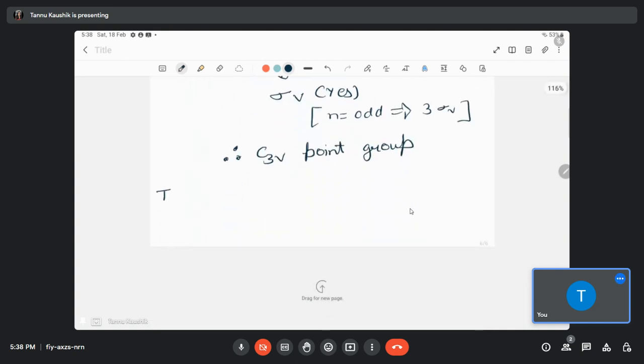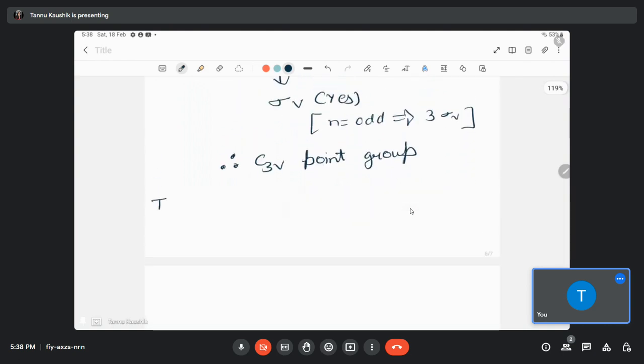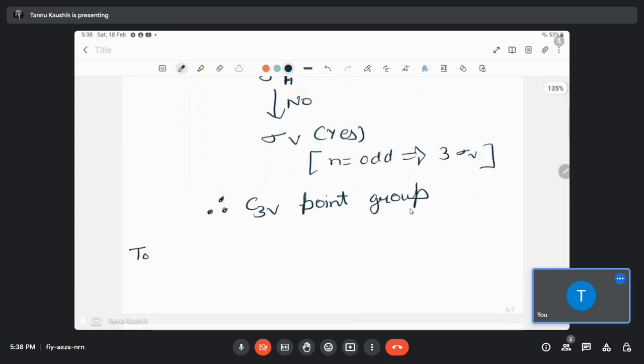And what are the total operations then? We have the identity operator, C3-1, C3-2. These are the two operations coming from the threefold axis of rotation.